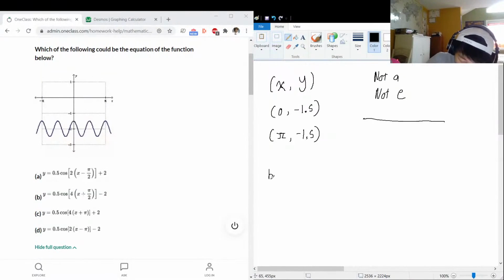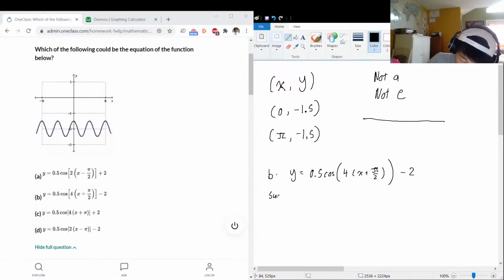So let's try with B first. B is y equals 0.5 cos of 4 times (x plus pi over 2), minus 2.